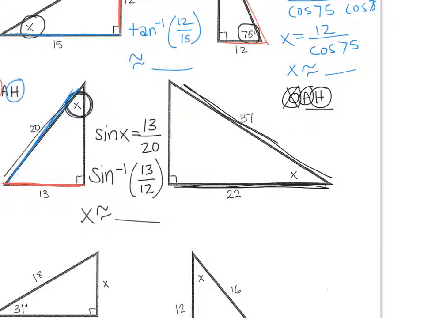So I have AH, and that's going to be the cosine. The cosine of x, the angle measure, is adjacent, which is 22, divided by hypotenuse, which is 37. Since I'm finding the angle measure, I do cosine inverse of 22 over 37, and round that to the nearest degree in your calculator.